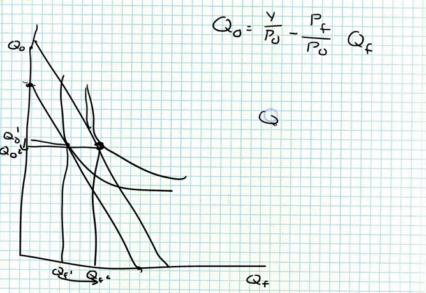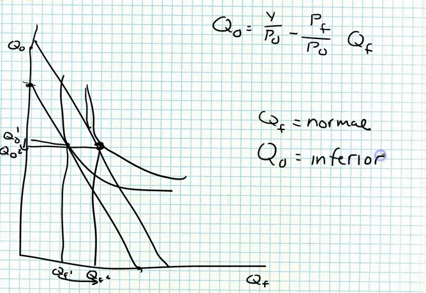Food, in this case, given preferences, would be normal, and other goods would be inferior. If the demand for a good decreases as income increases and increases when income decreases, prices and preferences held constant, the good is called an inferior good.